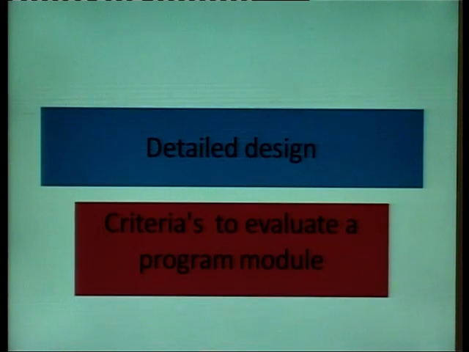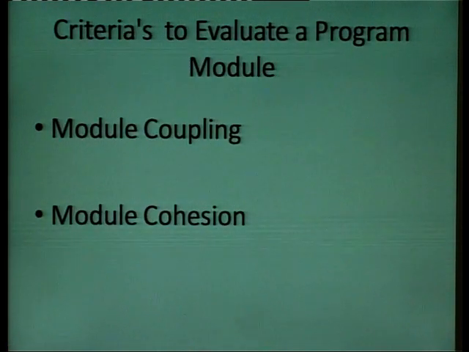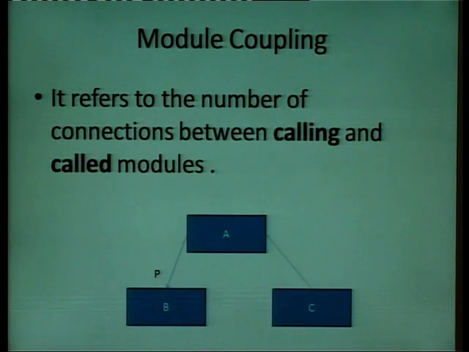So there are some criteria to evaluate the program modules. There are two important criteria: module coupling and module cohesion. These are the two criteria that can evaluate a program module. Module coupling refers to the number of connections between calling and called modules.